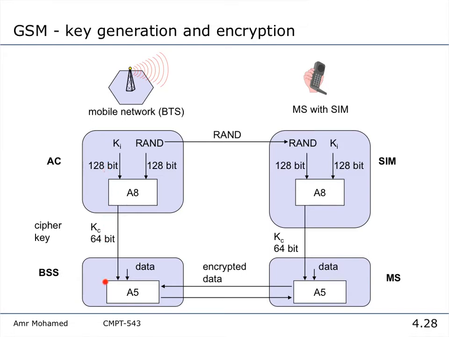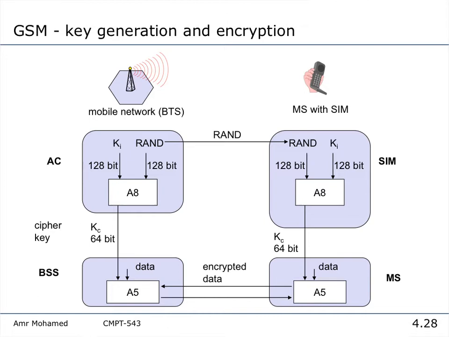So this, of course, will get communicated to the PTS, and this will be part of the mobile station. Of course, the SIM card is integrated in the mobile station. So the mobile station will have a cipher key, which is similar to the cipher key in the PTS. And both of them will use a symmetric key, of course.